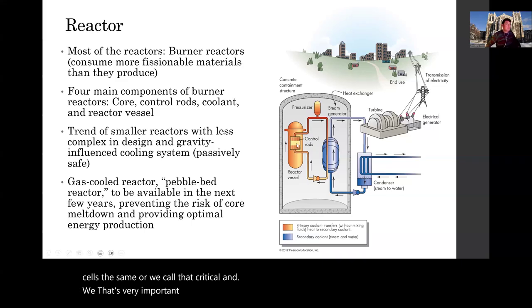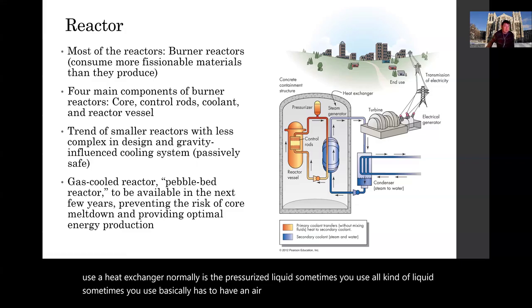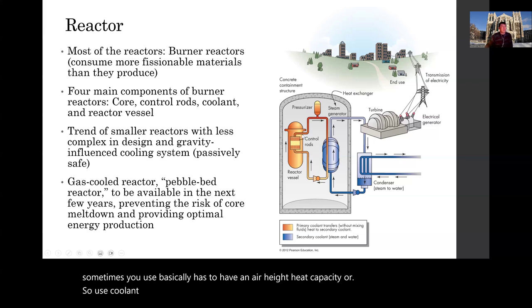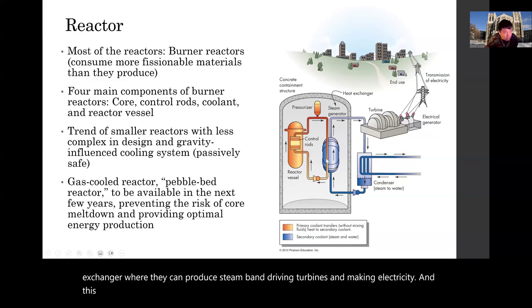Once heat is produced in the core, we use a heat exchanger. Normally the coolant is a pressurized liquid, and it has to have a very high heat capacity. The coolant is heated up in the reactor and transported into the heat exchanger, where it produces steam. The steam drives turbines and makes electricity. That is the nuclear reactor.